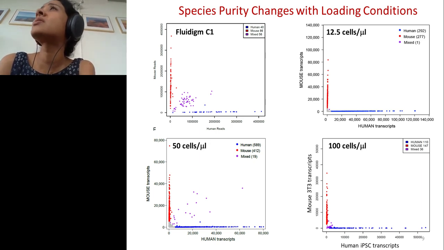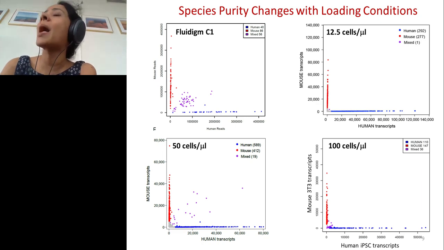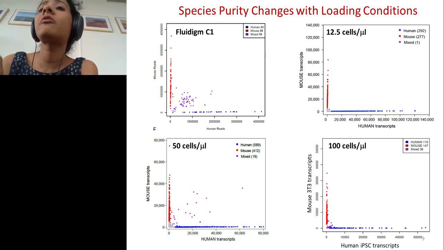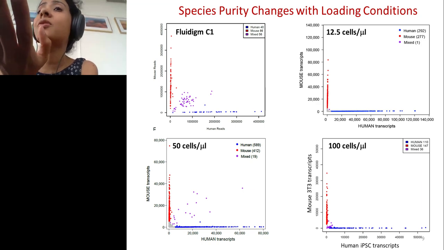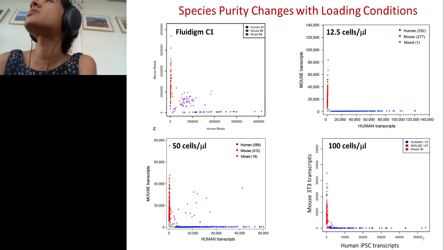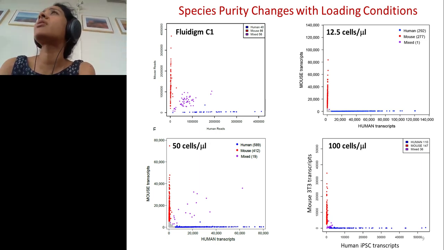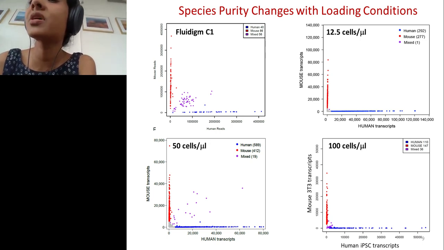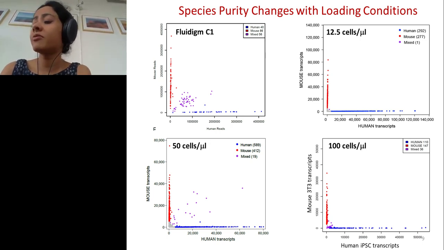If you have cells that are leaky, for example, that's going to give you ambient noise that could give you more even mixing of these scatter plots in the species mixing plot. Or if you have cells that are sticky, then you might have a higher chance of getting a human cell stuck to a mouse cell, and you can get a higher number of doublets, for example.